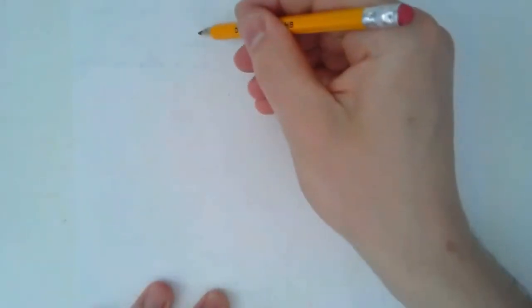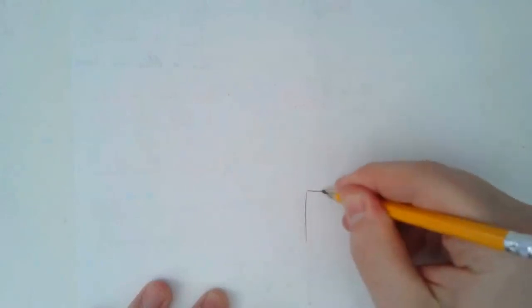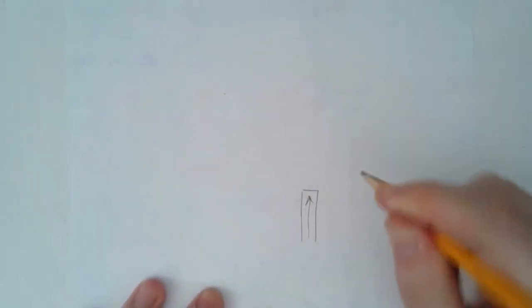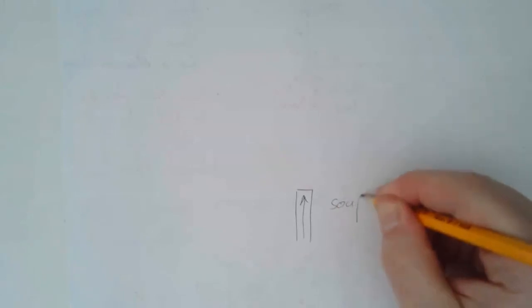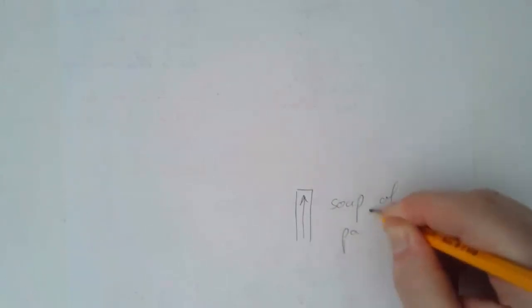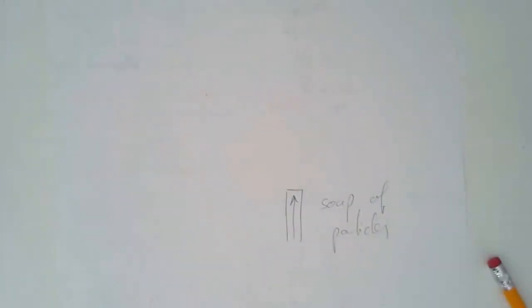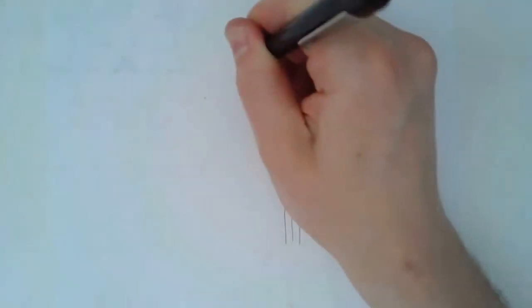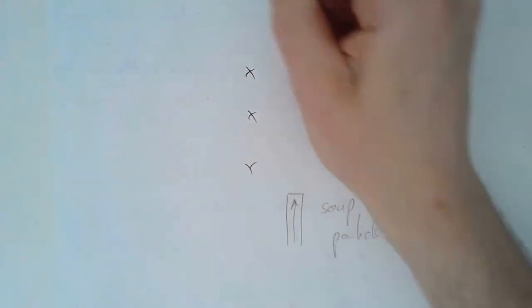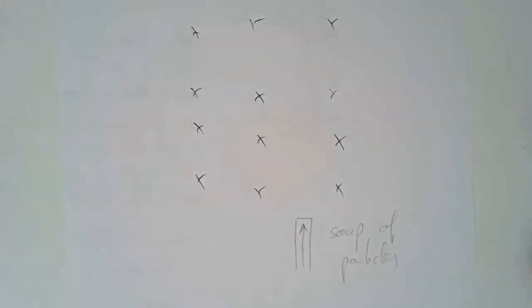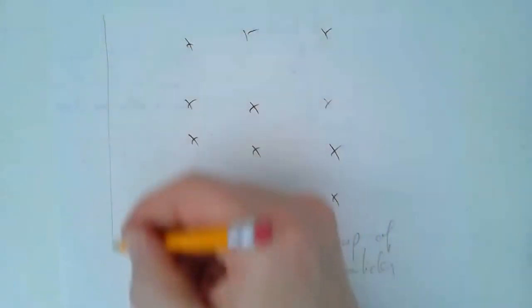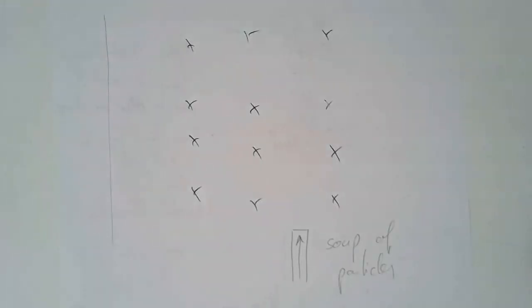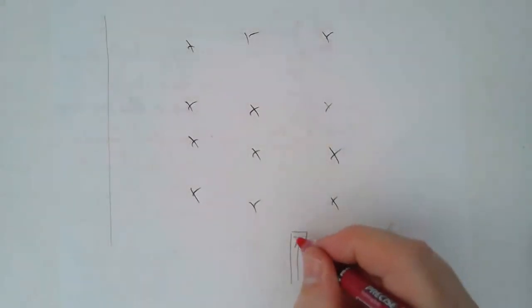Now, actually, what you might do is you might not let them have a full circle. What you might do is I might shoot a bunch of particles this way. So, soup of particles. Then I imagine I have a magnetic field here. It's constant from one place to another. Right, something like this. And I have a wall here with different detectors. And then one particle might do this.